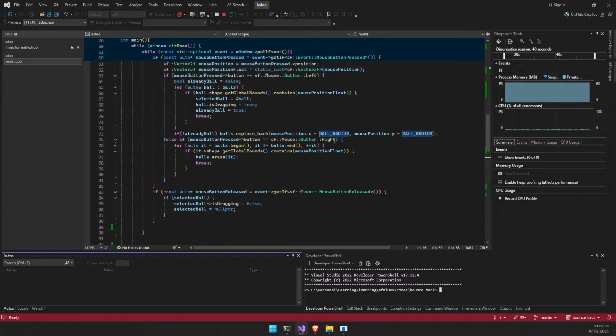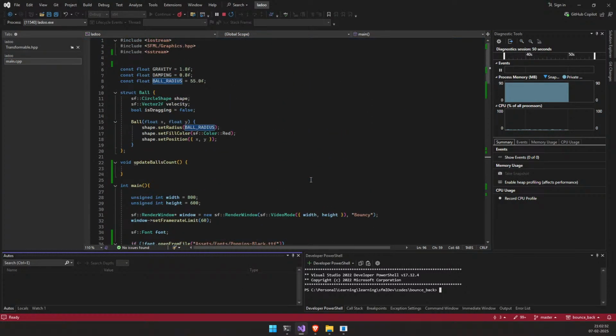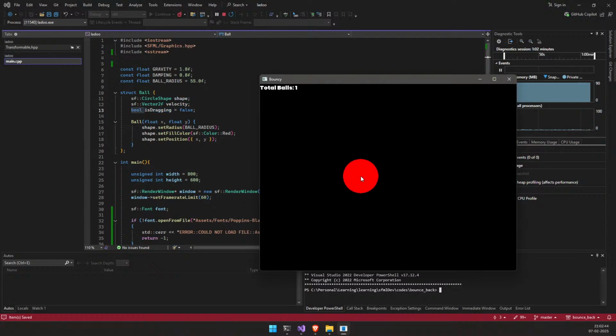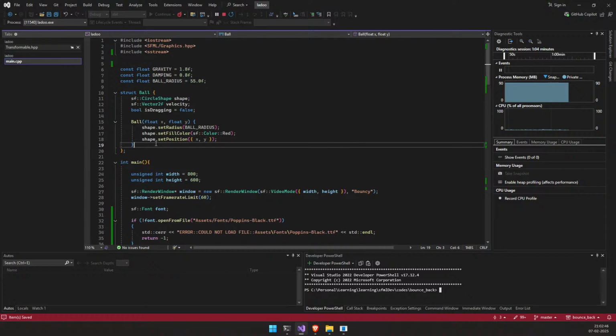So let me explain what I did. Basically, I created a ball structure that has a shape, a velocity, the velocity of the ball, and is dragging, to capture whether I have clicked on the ball or not. This is a constructor, where we can pass x and y coordinates that set the position, and then radius and fill color are default.